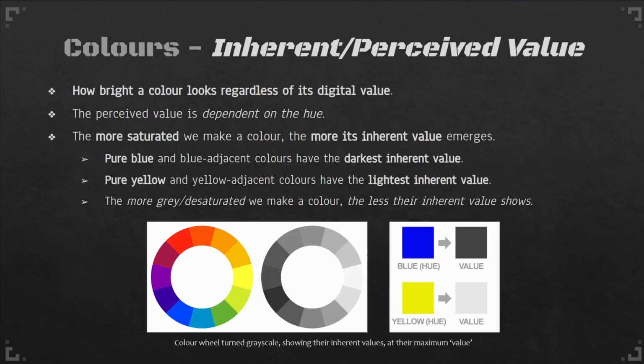Because the closer you get towards yellow, the brighter all the hues become, even if they're at the same value in your software. But if you're getting towards blue, then it's going to become dark and much more dingy. So just keep that in mind when you're doing art.